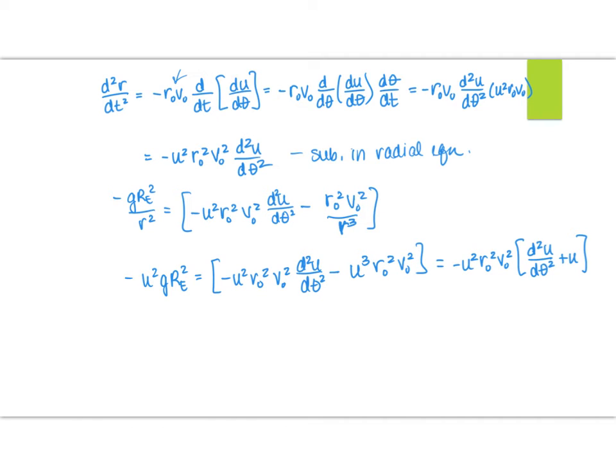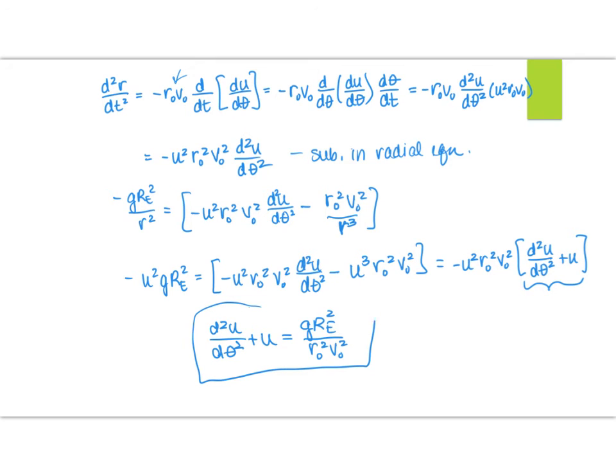And if we sort of isolate this that's in the brackets, so at this point, we have this differential equation. I'm going to go over to the next slide just so we have a little more room to work.